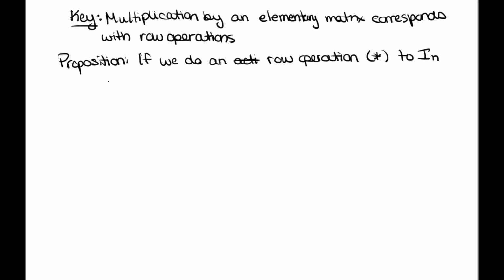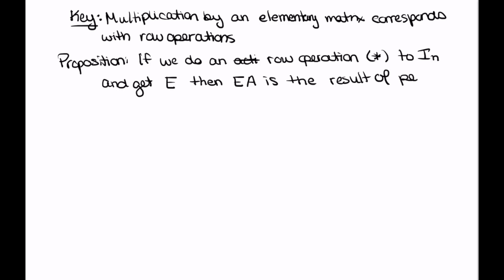So the proposition here is that if we do an operation, which we'll call star, to the identity, and we get an elementary matrix from that, and that will always be an elementary matrix because it's one row operation away from the identity, then EA, the elementary matrix multiplied by some other matrix A, is the result of performing that row operation on A. So we now have multiplication of matrices as a way of writing row operations.